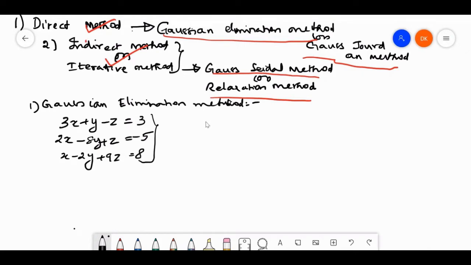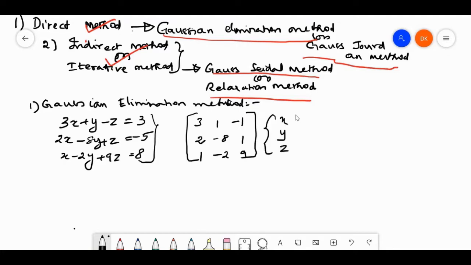If you write this in matrix form, then 3, 1, minus 1, then 2, minus 8, 1, and then 1, minus 2, 9. So now this is a 3 by 3 matrix, multiplied by x, y, z, and that is equal to 3, 5, 8.